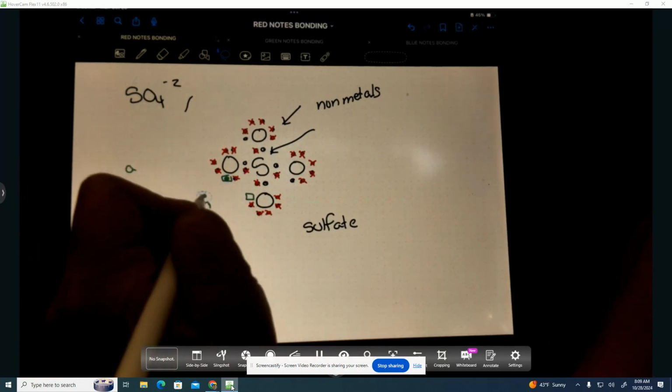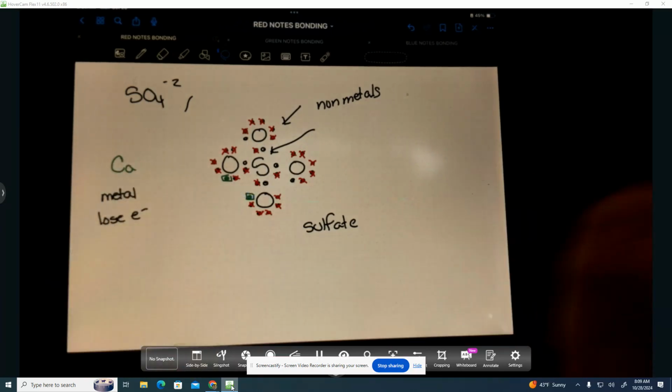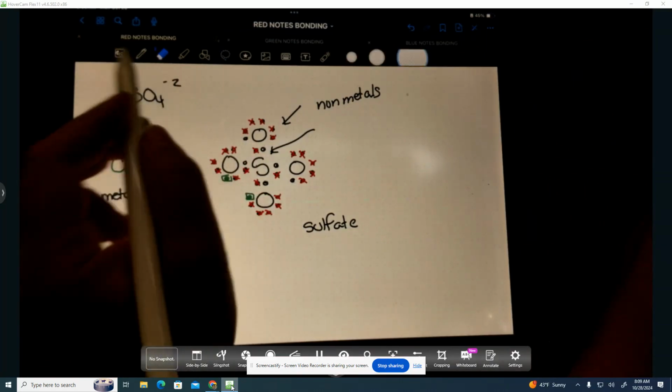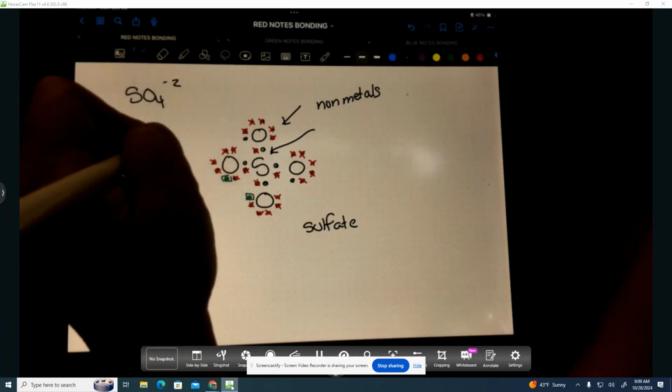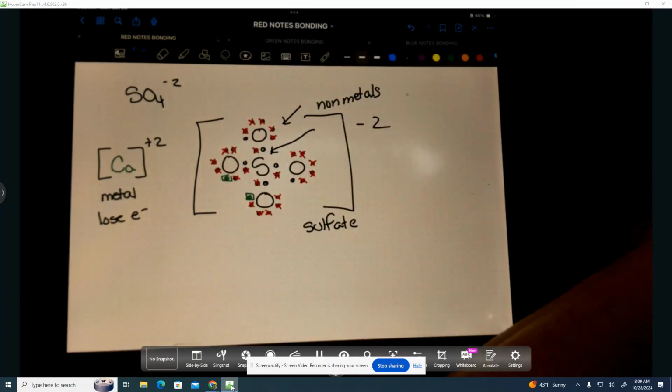This electron is going to go there. Now all of those guys are all taken care of. But this calcium is a +2 charge, and this sulfate is a -2 charge. I hope I didn't just confuse you, because there's parts that you don't know yet, so I'm kind of just trying to skirt around it.